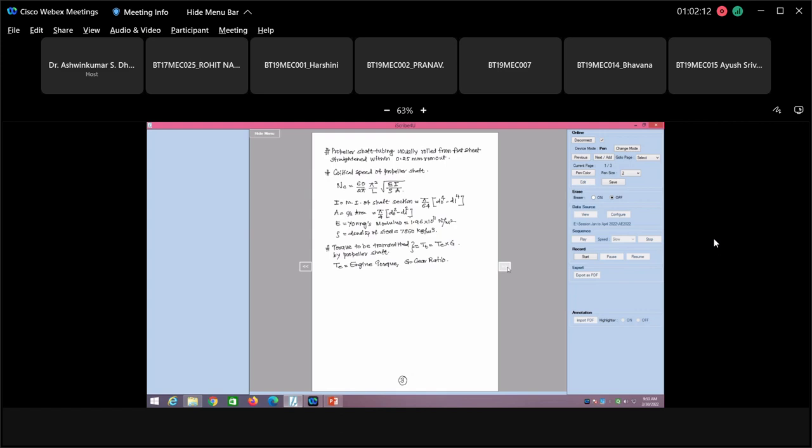Since from engine to propeller shaft there is a reduction, that is why it is the gear ratio which is taken into consideration.